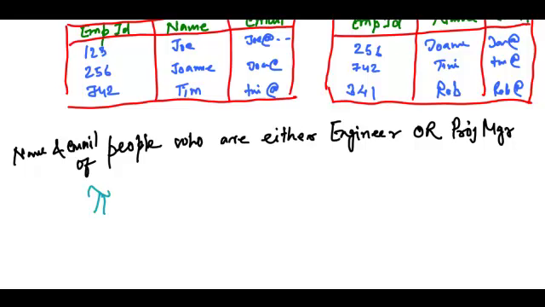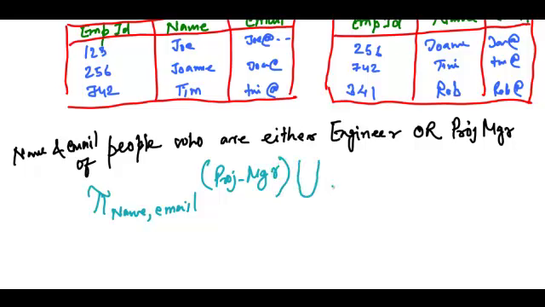So I would do it as project name, comma, email from project manager, and I would take the union of the projection of name and email of all the people who are engineers.